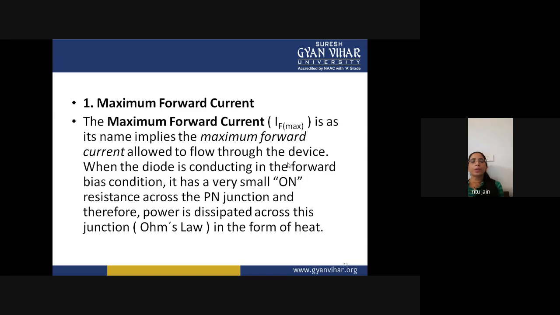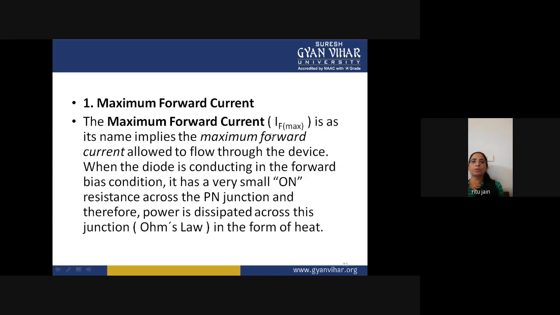The maximum forward current is, as its name implies, the maximum forward current allowed to flow through the device. That's why it is denoted by IF max. F means forward and max means maximum. It is the maximum current flowing in the forward biasing condition.